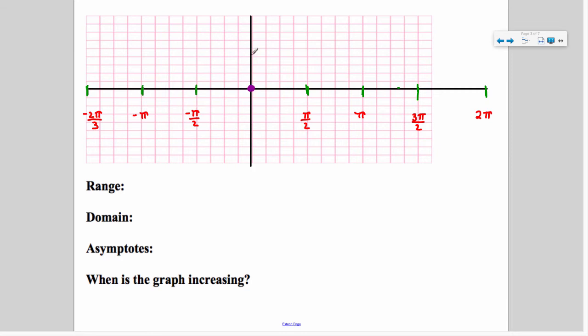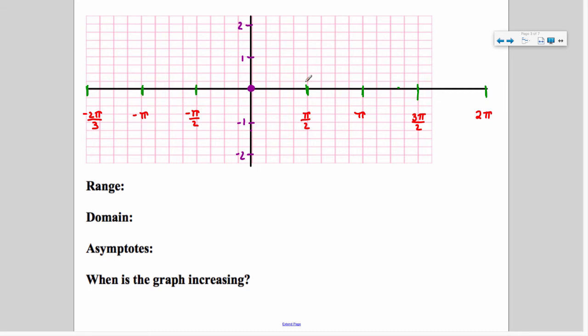So let's say that this is 1 and this is 2, negative 1, negative 2. In the first quadrant, 0 to pi over 2, what were our values?